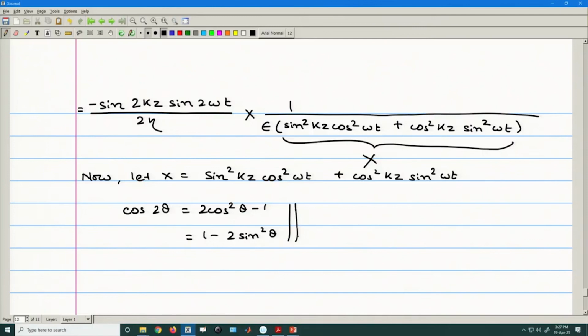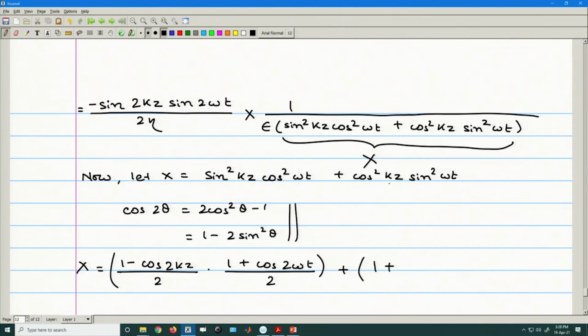So using these trigonometrical identities, we can write x as, in place of sin square kz we will write 1 minus cos 2 kz by 2 multiplied in place of cos square omega t we will write 1 plus cos 2 omega t by 2, plus, for cos square kz we will write 1 plus cos of 2 kz by 2 multiplied by 1 minus cos 2 omega t by 2.